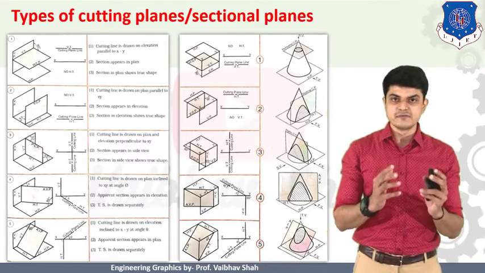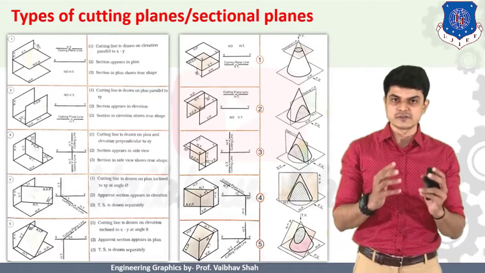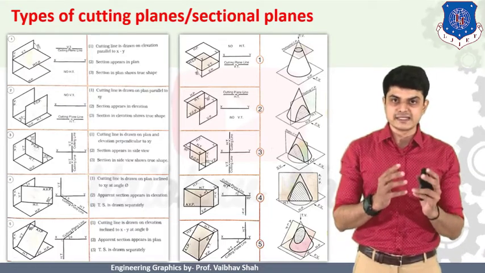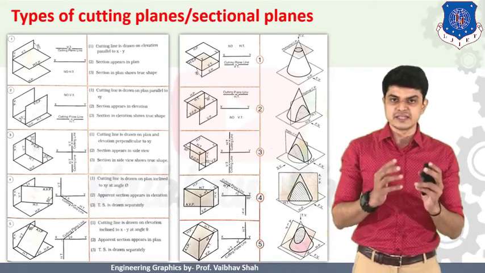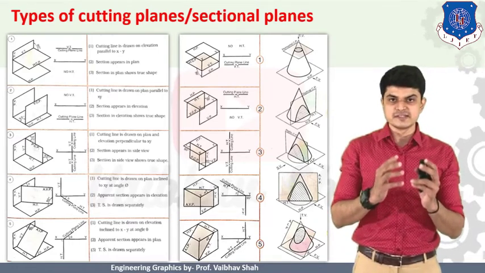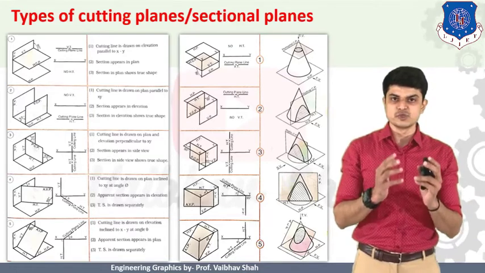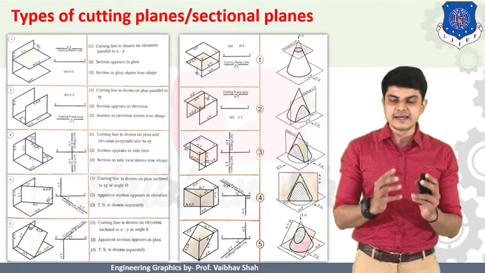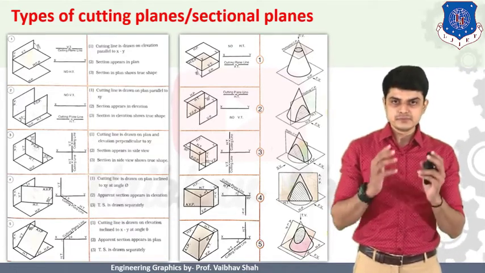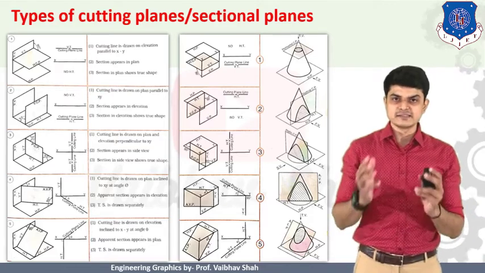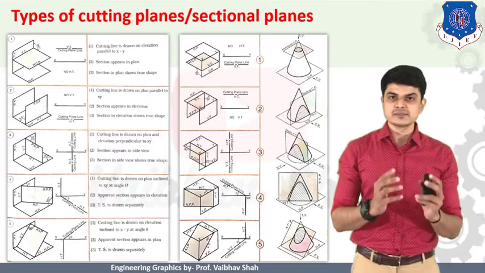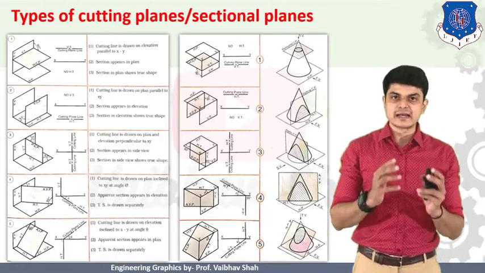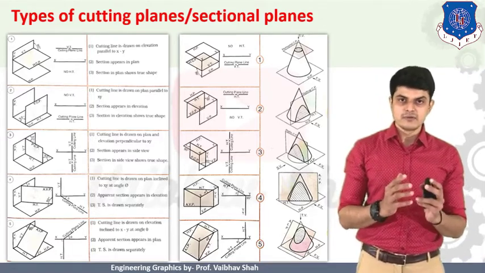But remember, we do not use the term auxiliary horizontal plane, because in practice, whenever a plane is inclined and it is not stated to which surface, it is always assumed to be inclined to the horizontal plane. That is why it is called the auxiliary inclined plane.